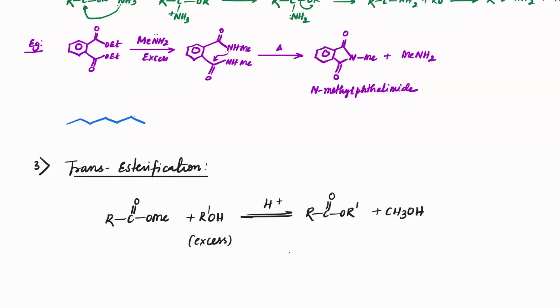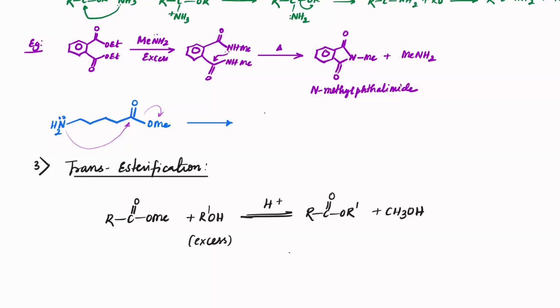Second, if you have internal attack, that is OMe here and NH2. Internally, nitrogen is present, which will act like a nucleophile to attack here. And then, of course, this group will be left eventually. So ring size is 1, 2, 3, 4, 5, 6.